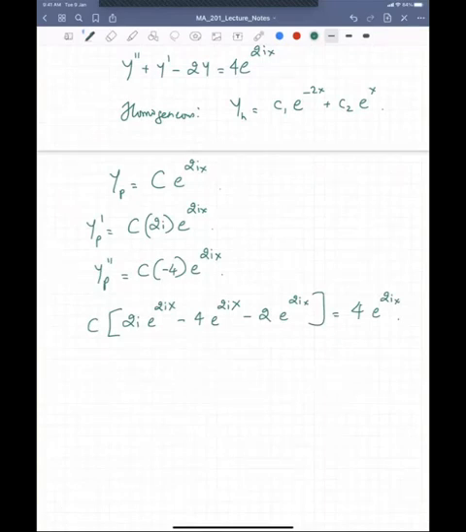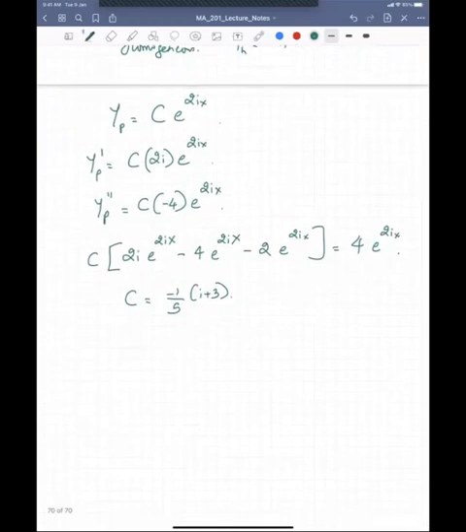This will give you some complex coefficient, and you can figure out that c is equal to minus 1/5 times (i plus 3). So now, what is my particular solution for the modified problem that I made up? It is minus 1/5 (i plus 3) e to the 2ix.